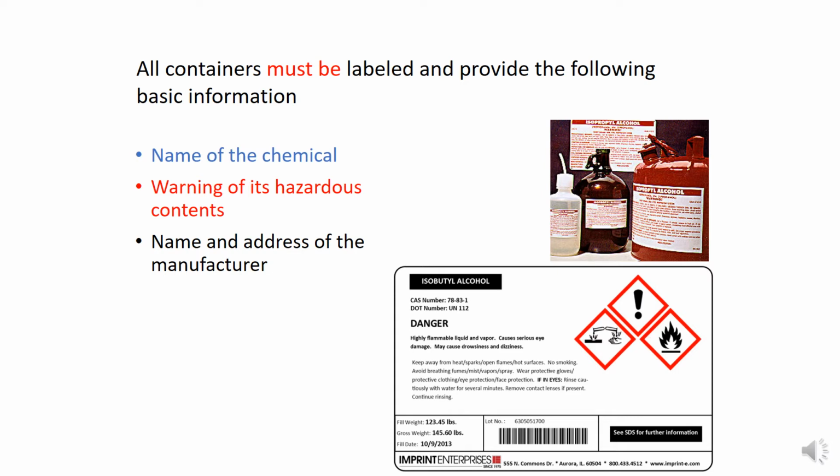This label must contain the basic information. So what is the basic information? It should be the name of the chemical and the warning signs, as well as the name and address of the manufacturer. This is the basic information that each container or product must contain.